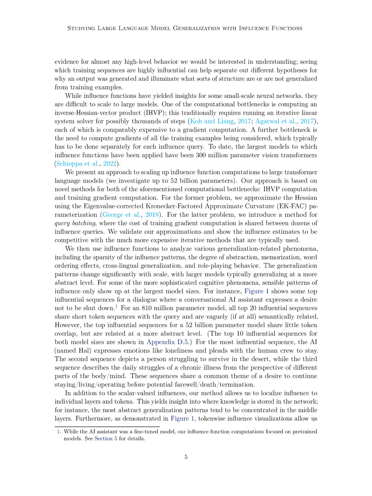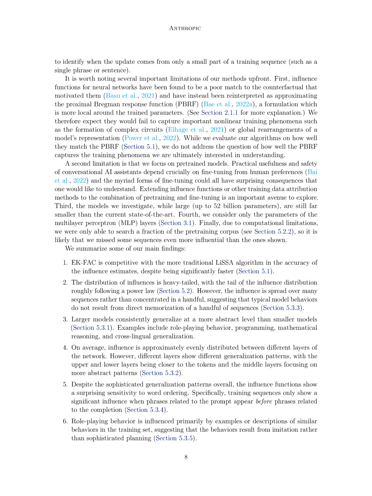Our method enables us to study generalization phenomena like the sparsity of influence patterns, abstraction levels, memorization, word ordering effects, cross-language generalization, and role-playing behavior. We've found that larger models generally generalize more abstractly and that various influential sequences show up only in the largest models. Furthermore, our approach allows us to pinpoint the influence to individual parts of the model, revealing where knowledge is stored and how abstract patterns are typically concentrated in certain layers.